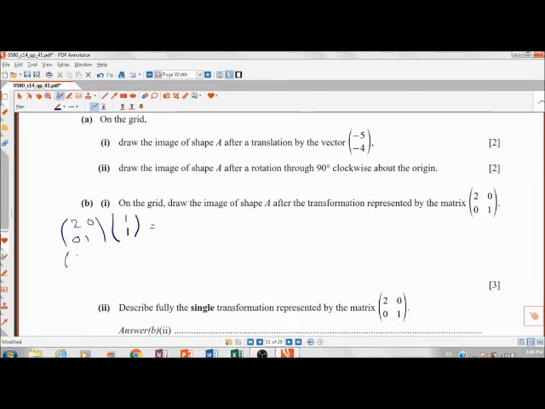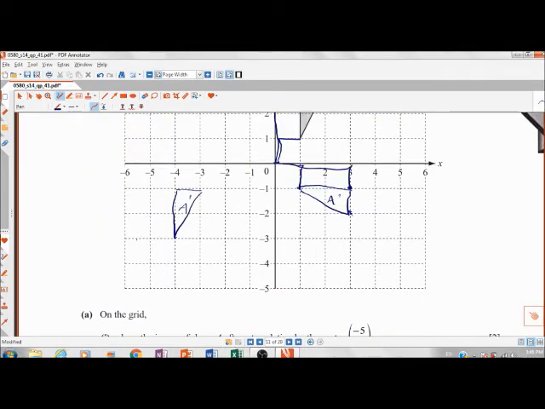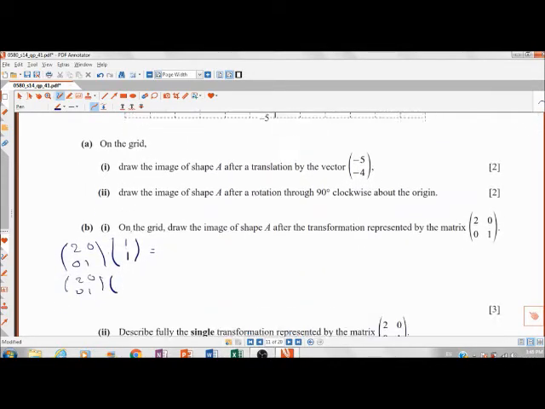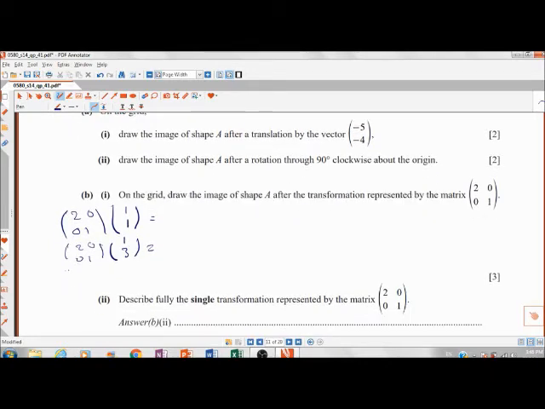Then again, 2, 0, 0, 1 multiplied by the vector of the second, which is 1, 3. And then the last one, 2, 0, 0, 1 multiplied by 2, 3.